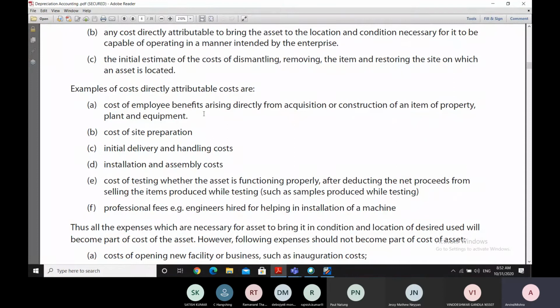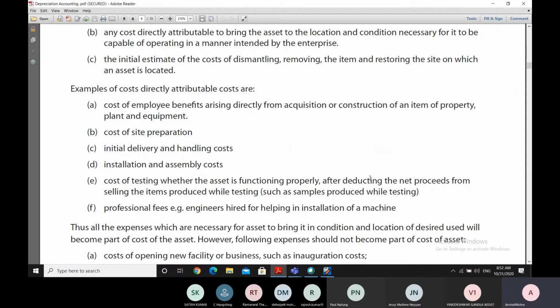Cost of the employee benefits, cost of the site preparation, the cost of the initial delivery and handling of the equipment, cost of the installation and assembly of the equipment, cost of the testing if the asset is functioning properly, and after deducting the net proceeds from the selling of the items produced while testing.